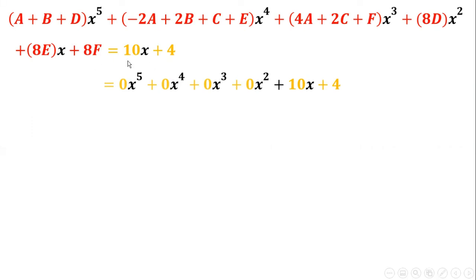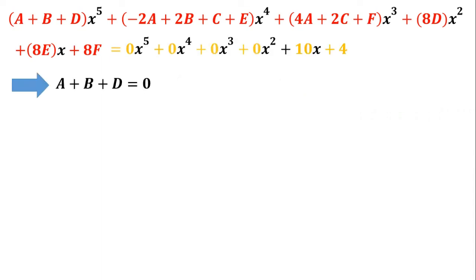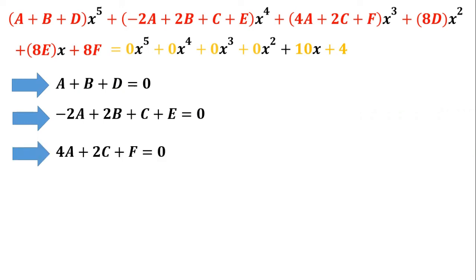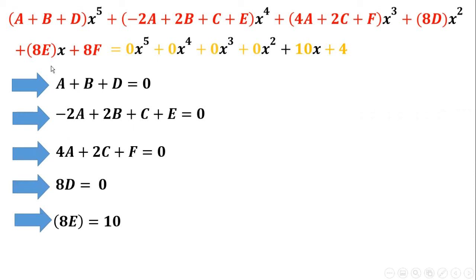And then the coefficients are equal, so we have a plus b plus d equals 0, and negative 2a plus 2b plus c plus e equals 0, and 4a plus 2c plus f equals 0, and 8d equals 0, and 8e equals 10, because 8e is the coefficient of x, and here we have 8f equals 4.